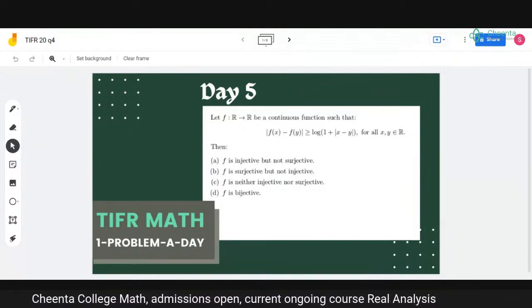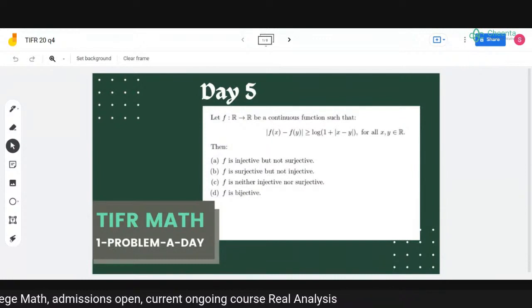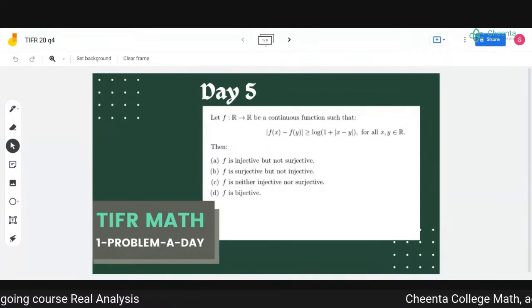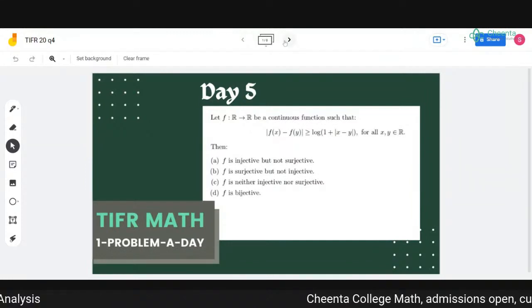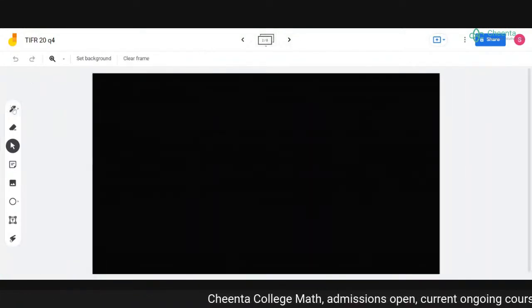Okay, so as you can see, the function is given. The property of the function is given to us. Let's look at it.